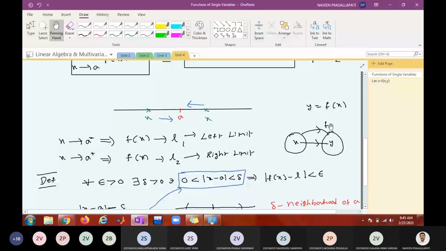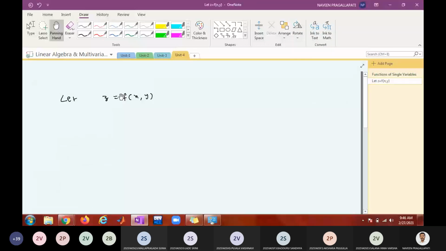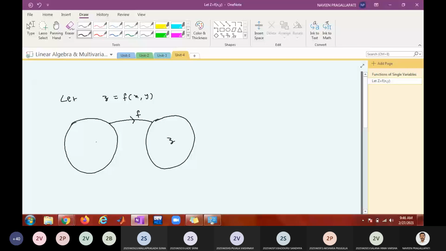In a similar way, now you tell me what is input, what is output. X and y are input, z is output. What do you mean by x and y? How do you pronounce this? You simply say x and y. What about this? You will say open bracket x comma y close bracket.